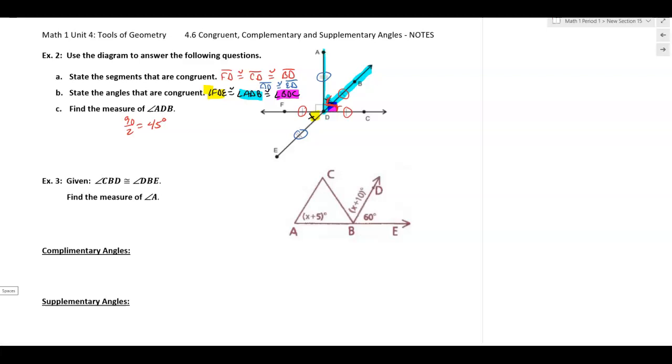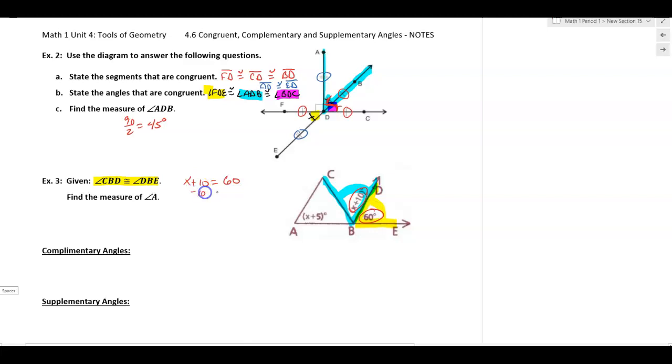Next example. You're given angle CBD is congruent to DBE. So this angle here, CBD, is congruent to DBE, this angle here. Right away, I can take their measures and set them equal to each other. So x plus 10 is equal to 60 degrees.